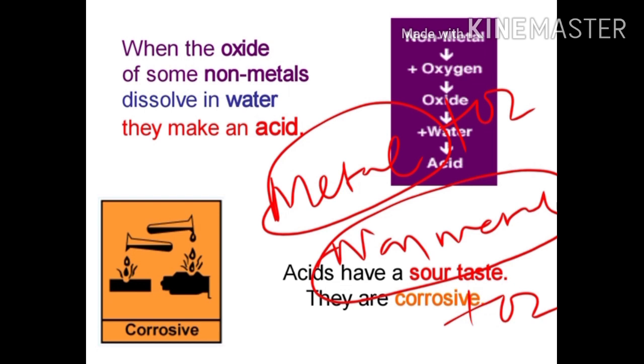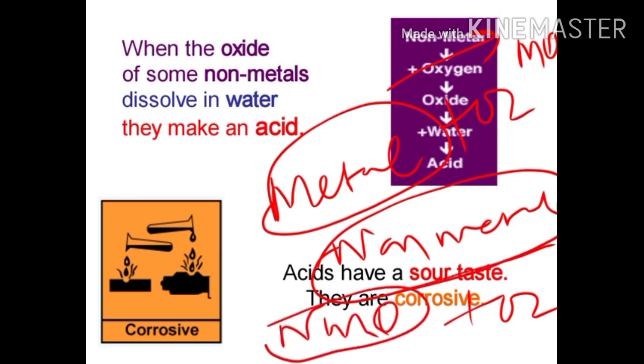So what will happen whenever a metal combusts in the presence of oxygen? It does not mean that we are keeping it for heat or something, it's not like that. It means that when metal comes in contact with oxygen, it undergoes oxidation and forms metal oxide. In the same way, non-metal undergoes combustion and forms non-metal oxide. Very simple, metal oxide and non-metal oxide.